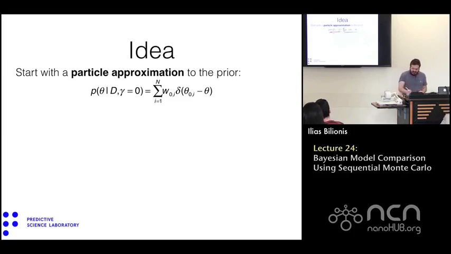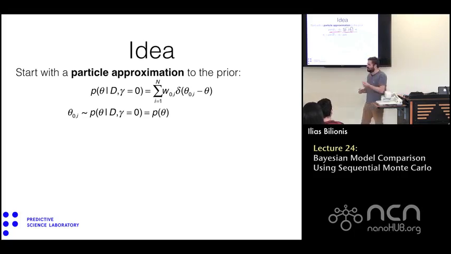So you say basically, I'm going to approximate the density with a bunch of samples, each one of them carrying a weight. Okay? So you start from some samples from the prior. And that should be fairly easy to construct.